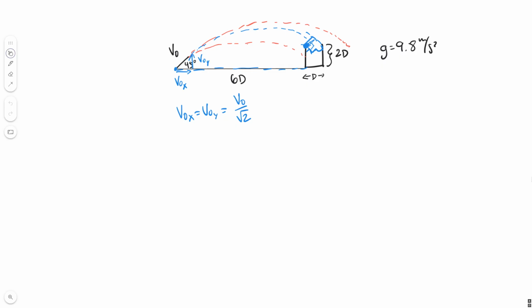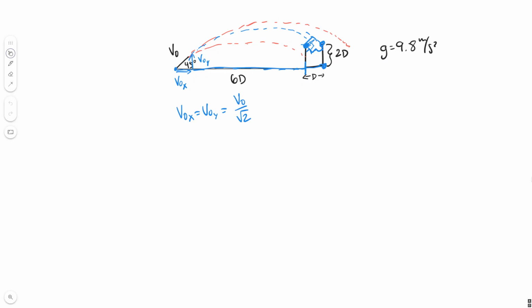And then similarly, if we think about the horizontal movement after traveling 7d, which is the 6 diameter plus the diameter of the water tank, we need to make sure that the vertical distance is less than 2d.